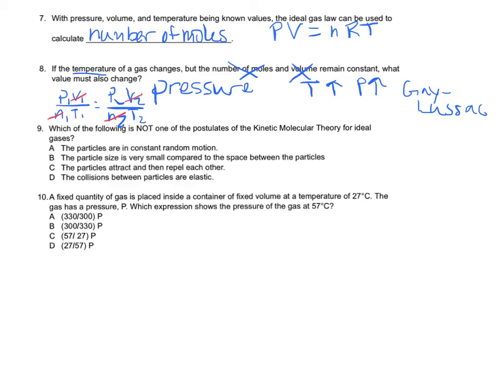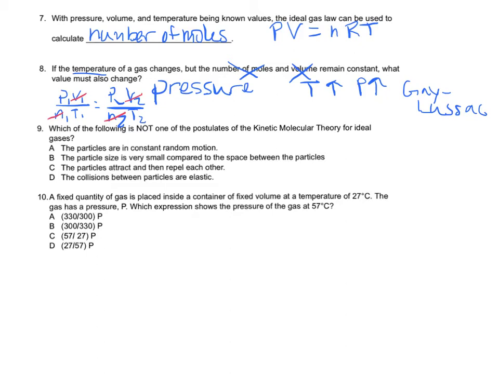Which of the following is not one of the postulates of the kinetic molecular theory for ideal gases? Well, I talked about this when I went over number 1 as far as what the kinetic molecular theory entails. All right, so remember, ideal gases are ones where the particles don't take up any space, and they don't have any intermolecular attractive forces, meaning that they don't get attracted to or repelled by each other, and they're also not attracted or repelled by the container that they're in.